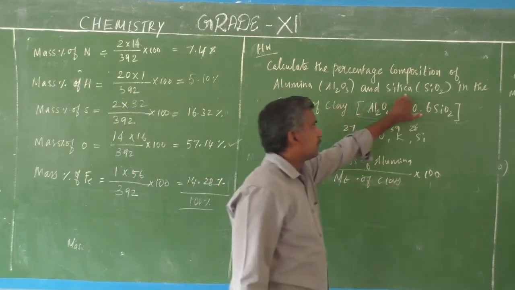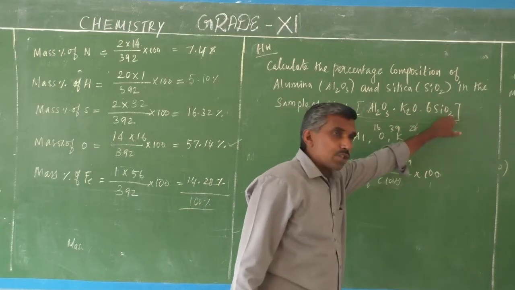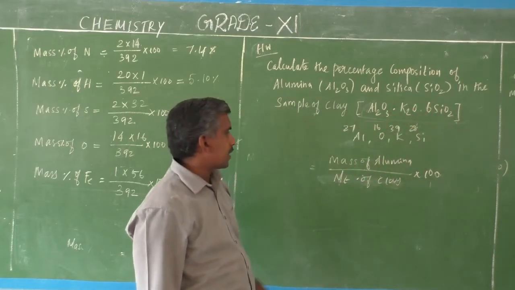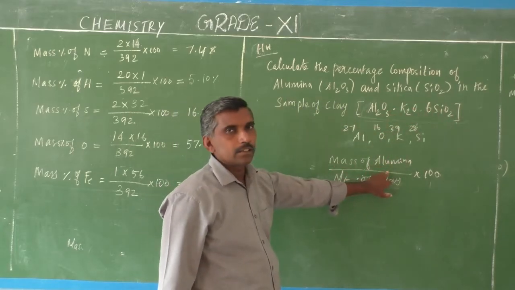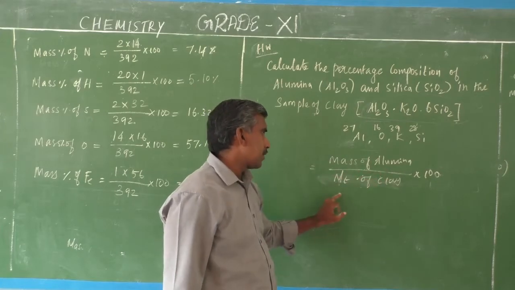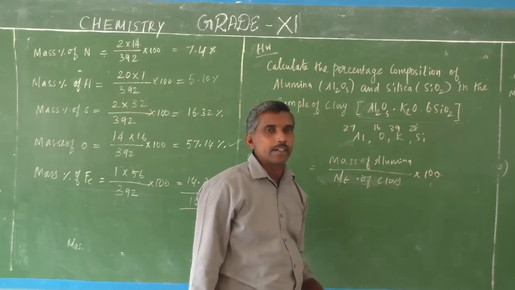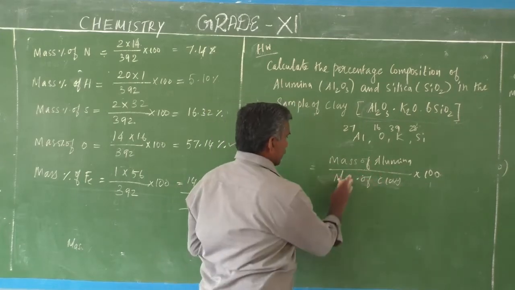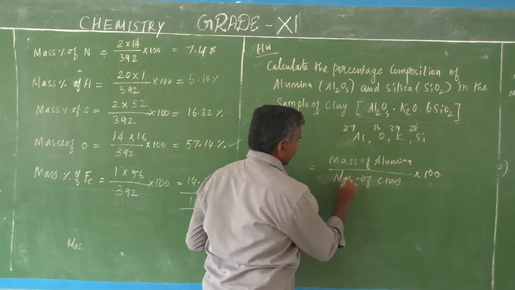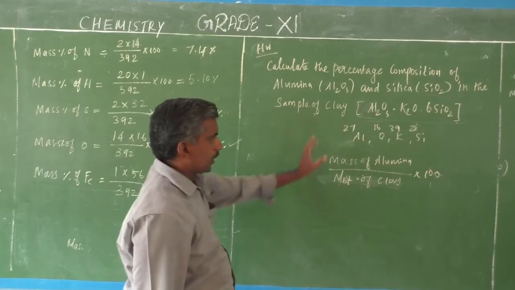Third, silica percentage. Six silica molecules are present, so 6 times the mass of silica divided by the molecular weight of clay, into 100. This is the molecular weight of clay, the total weight.